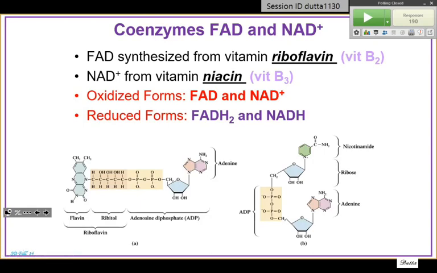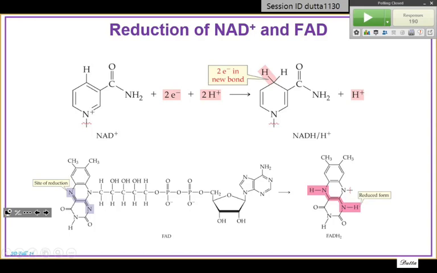Now notice here, FAD got 2 hydrogens, NAD got 1 hydrogen. Because of their structure, if I look at the structure here, NAD plus, this is a very important reaction. Hydrogen follows electron. Wherever hydrogen goes, electron goes. So you see, I can rearrange this one. Because this got a positive charge, because of the 4 bonds, nitrogen.